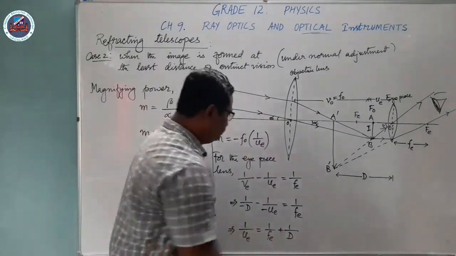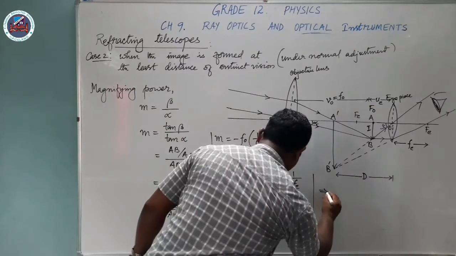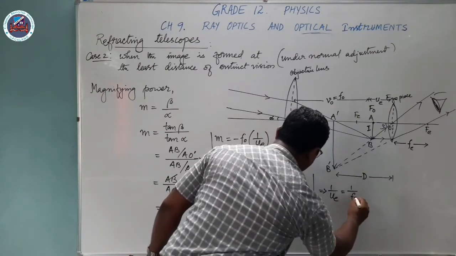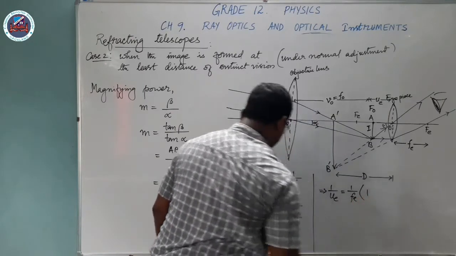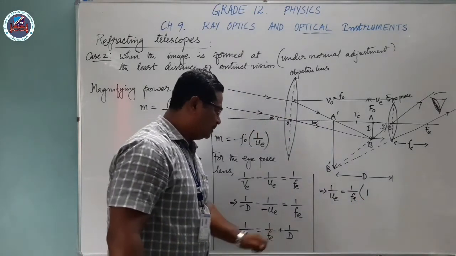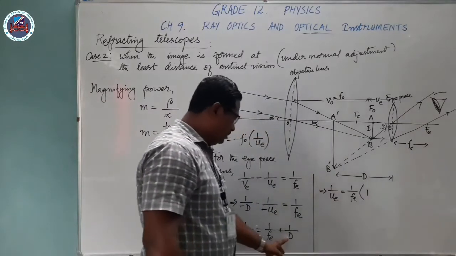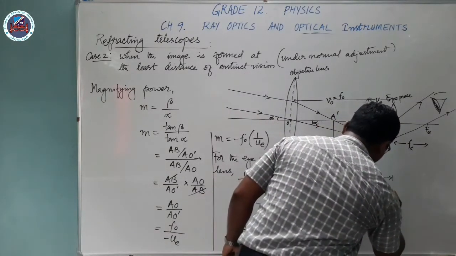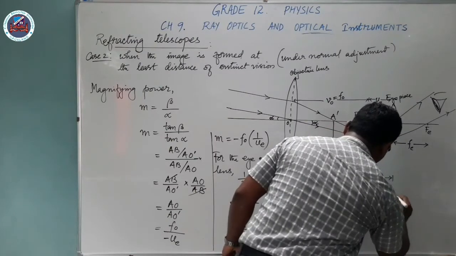Then you can change this term like this: 1 by UE is equal to 1 by FE, taking common from the first term, so it will be 1 plus FE by D. Like this you can make it.